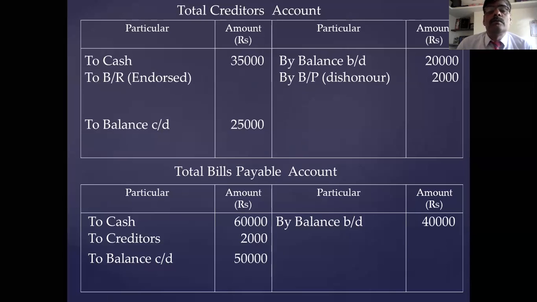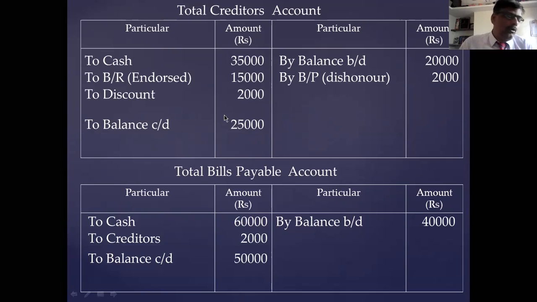You may record the same in the bills receivable account as in the bracket endorsed. This is the amount 15,000. Then next point is discount received. Discount received comes on the debit side. To discount rupees 2,000. Okay. All the points completed.